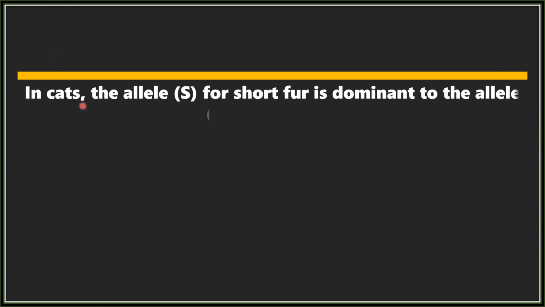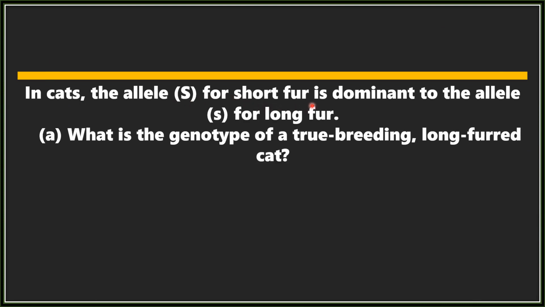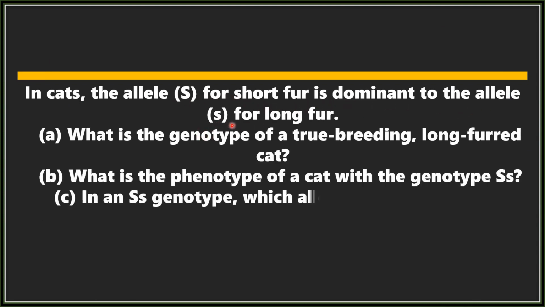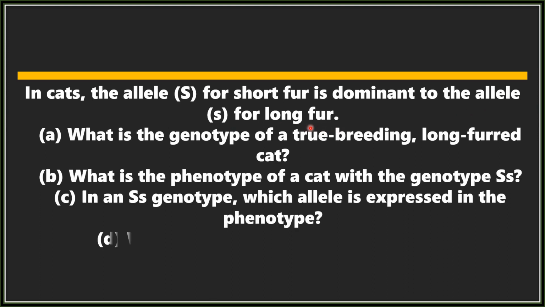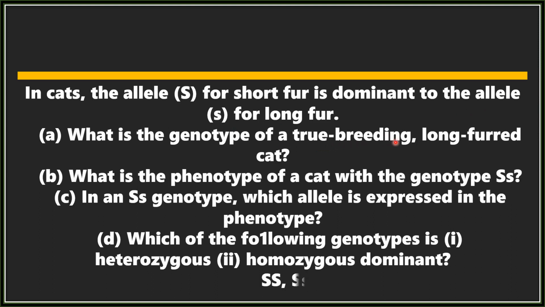In cats, the allele S for short fur is dominant to allele small s for long fur. A. What is the genotype of the true breeding long-furred cat? B. What is the phenotype of a cat with the genotype capital S small s?